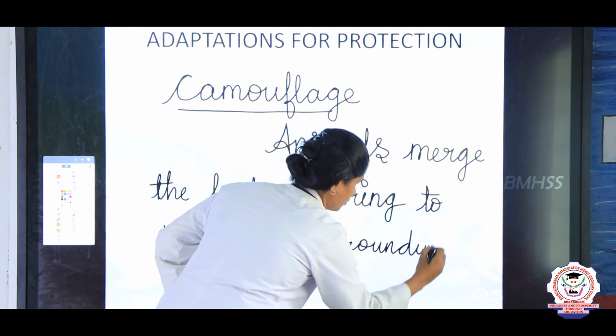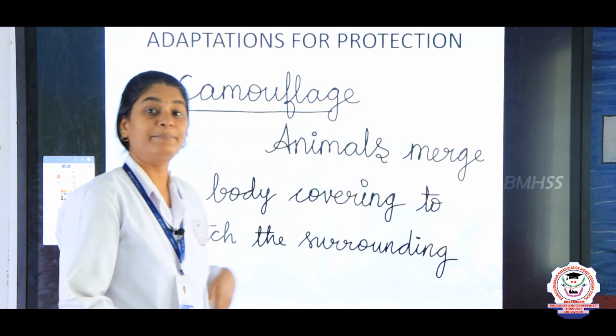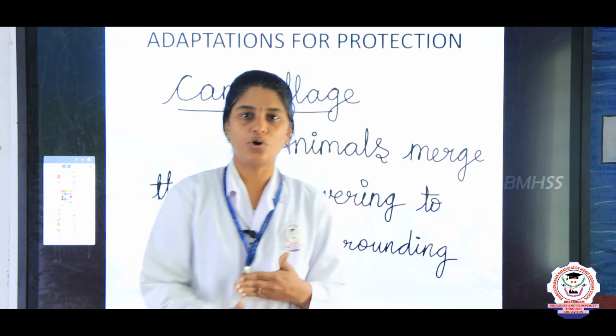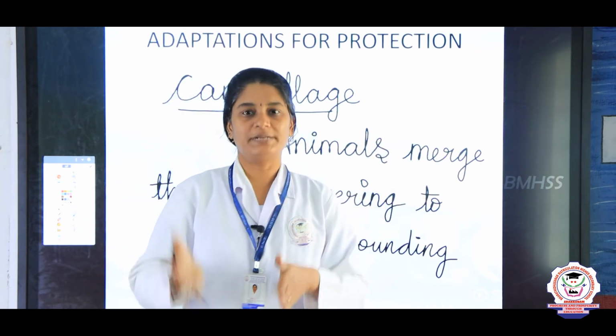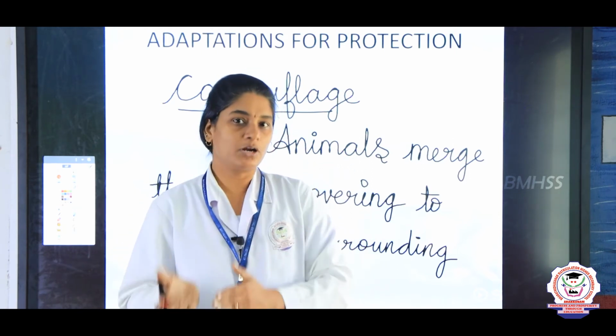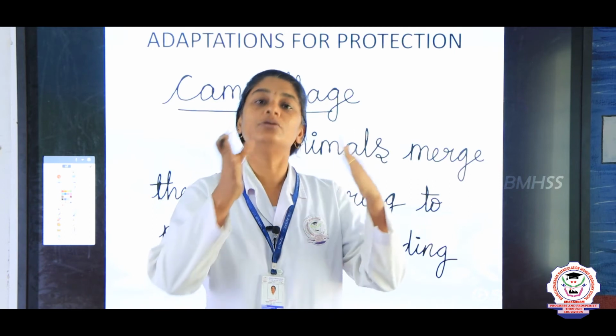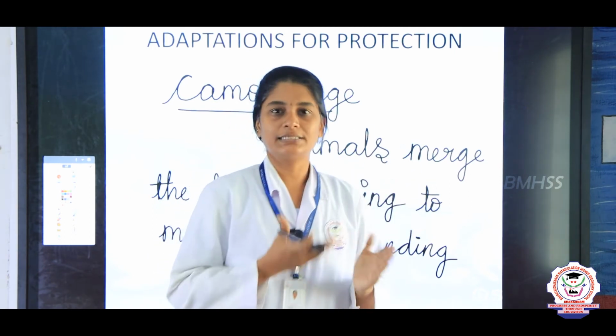This effect is known as camouflage. For example, we can say chameleon. The chameleon changes the color of its skin according to where it is present. If it is on a leaf, it will change into green color. If the chameleon is on the stem, it will change into the stem color or brown color. That effect is known as camouflage.